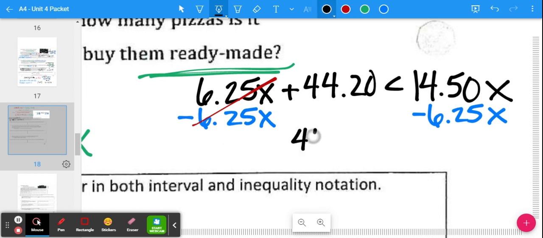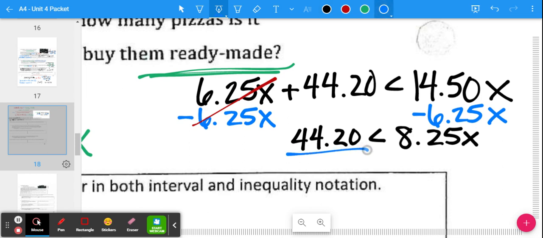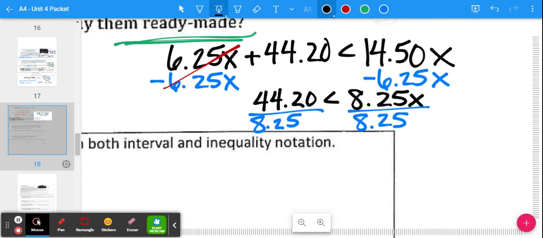So we're left with 44.20 is less than 8.25x. Last step, we have to divide by the 8.25 in order to isolate x. And then we have 5.36 is less than x.